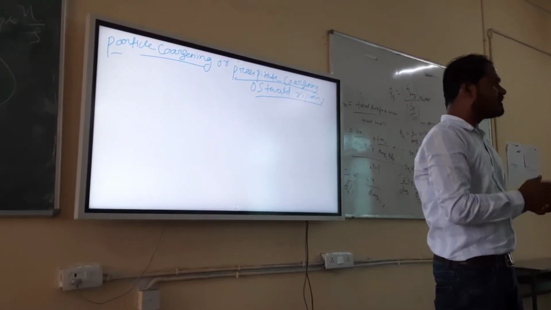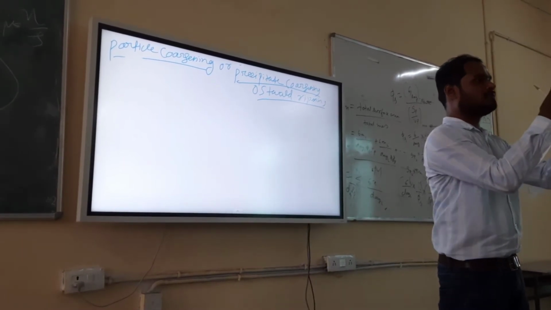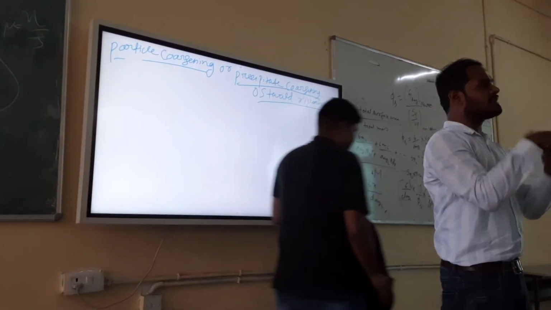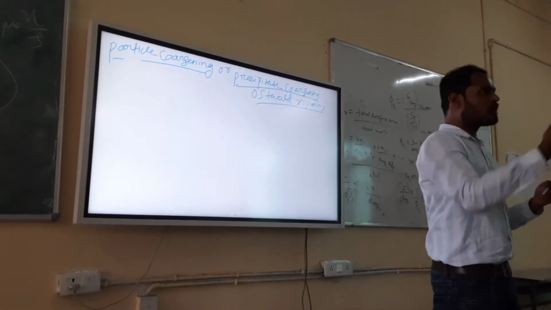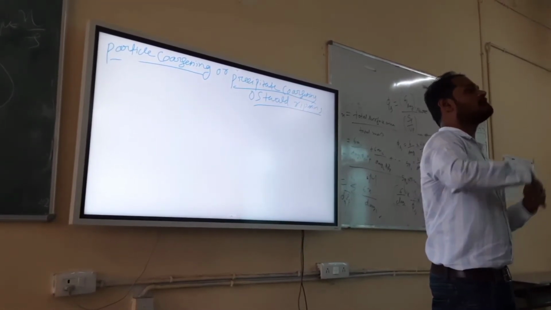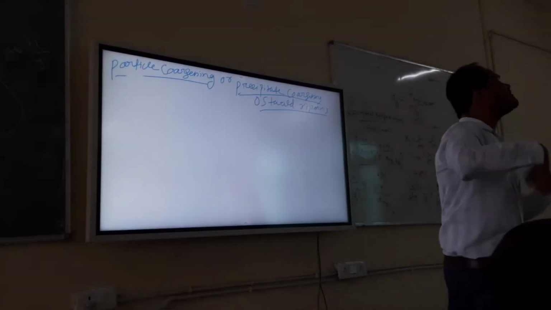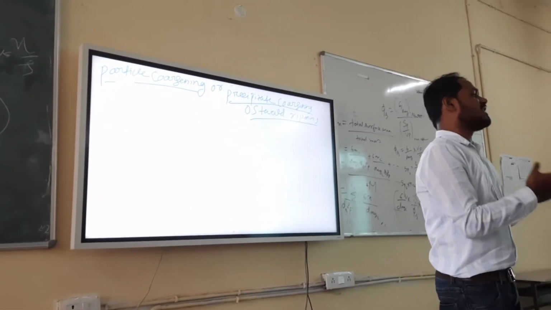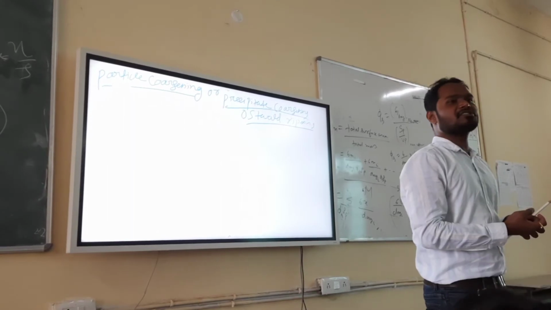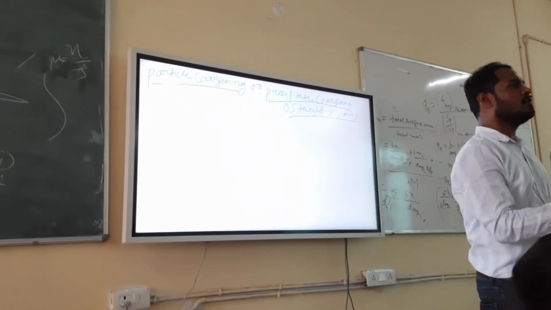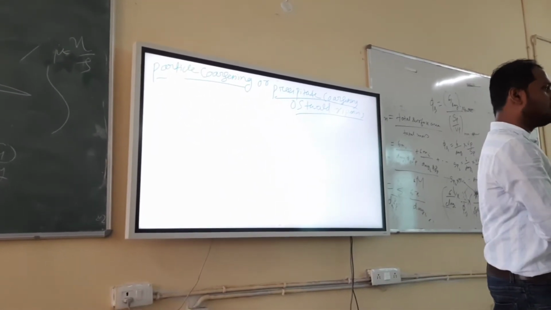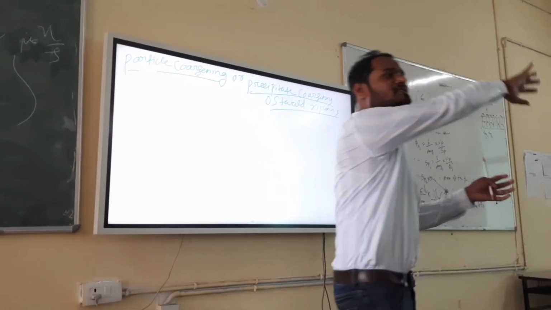You have grain boundaries: when two grains meet, that is a grain boundary. If three grains meet, that is a triple junction, right? You have dislocations somewhere, and you have stacking faults. So different things have different amounts of energy available. So precipitation will happen in which area? Where the maximum energy is available. You understood?